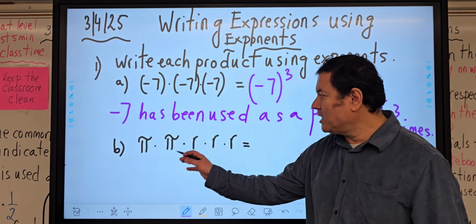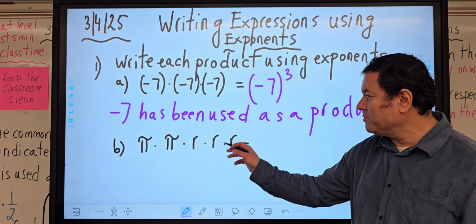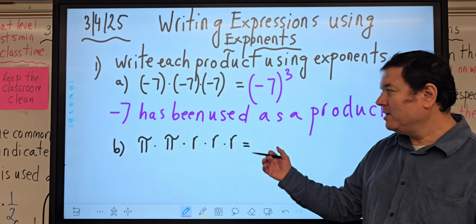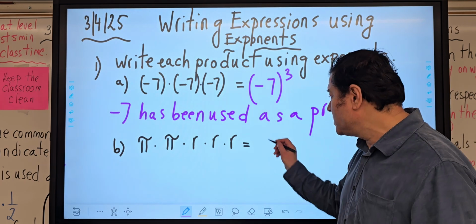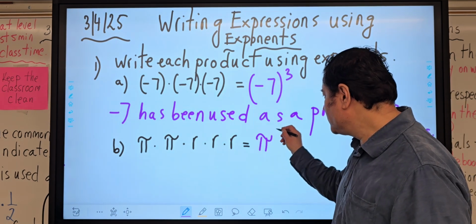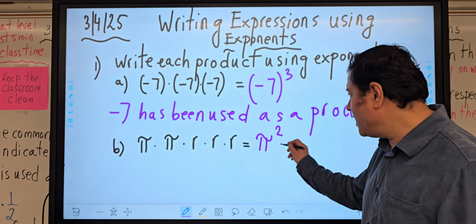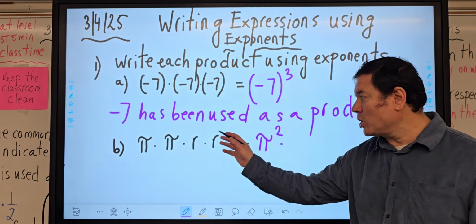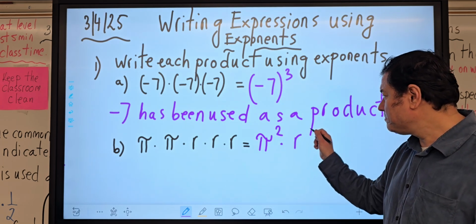So we have pi times pi times r times r times r. And again, pi times pi can be written as pi to the second power, and times r can be written as r to the third power.